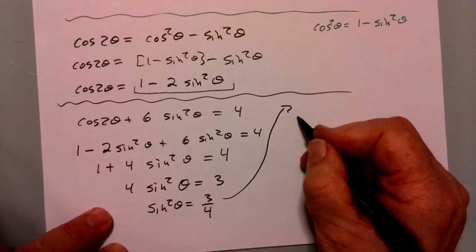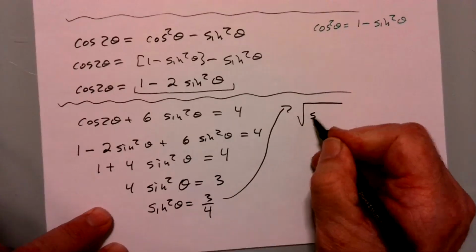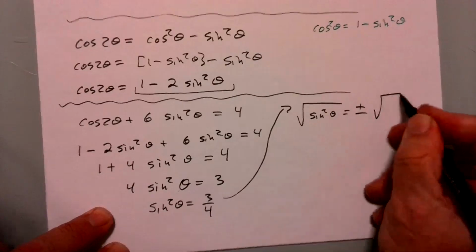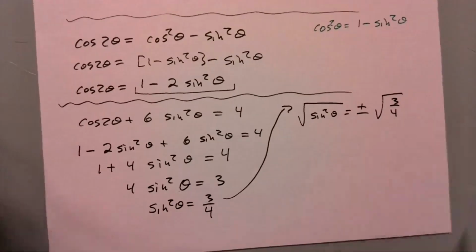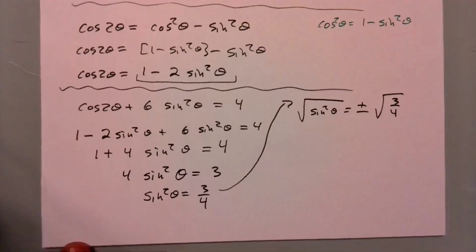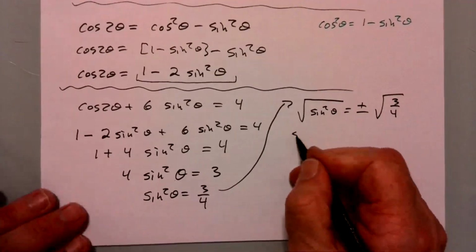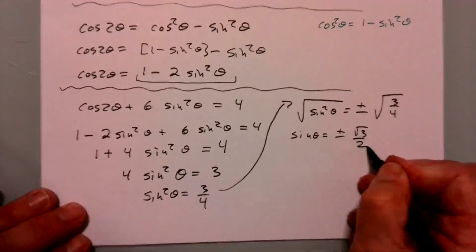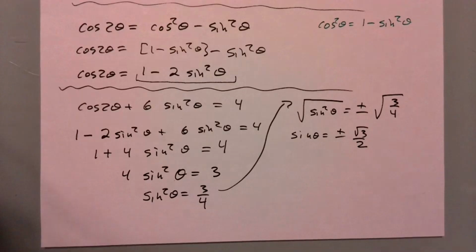If I take the square root of both sides, the square root of sine squared theta is plus or minus the square root of 3/4. That will give me sine of theta is plus or minus root 3 over 2. And we're looking for the answers between 0 and 2 pi.